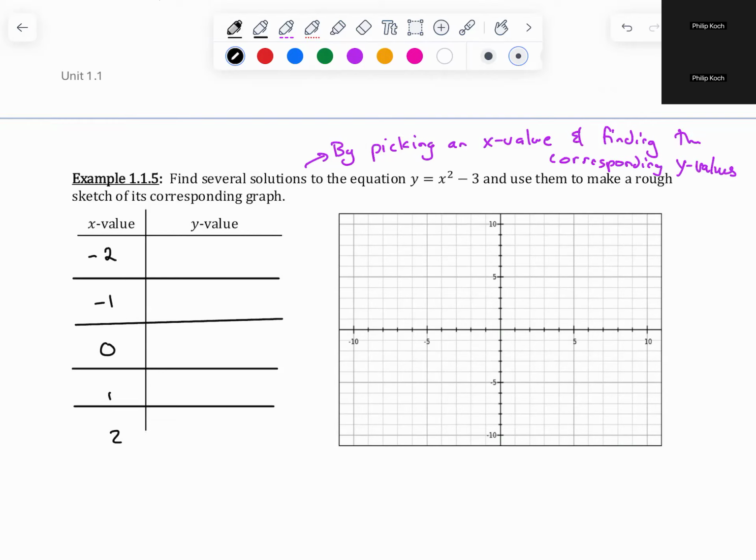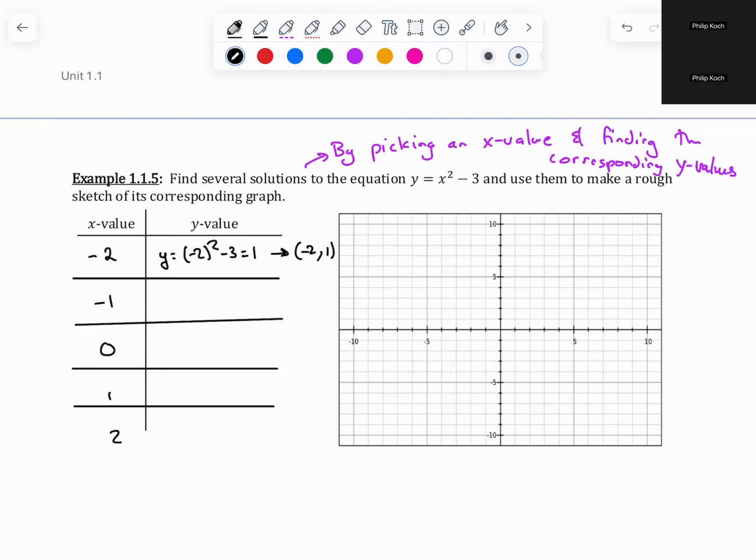So if I plug in -2 for x, then y equals -2 squared minus 3. That's going to equal 1. So we have the corresponding point that solved the equation, -2, 1.